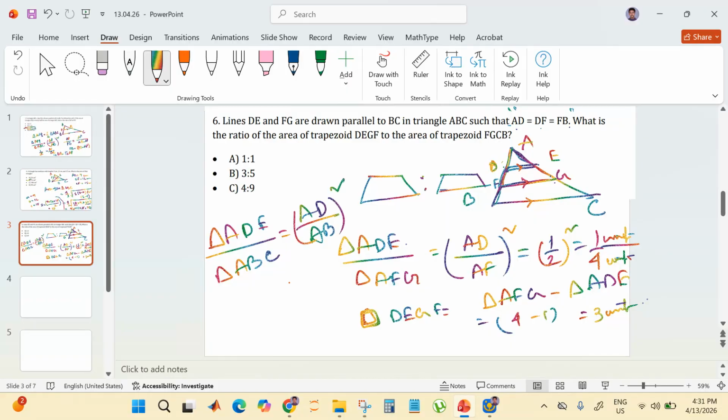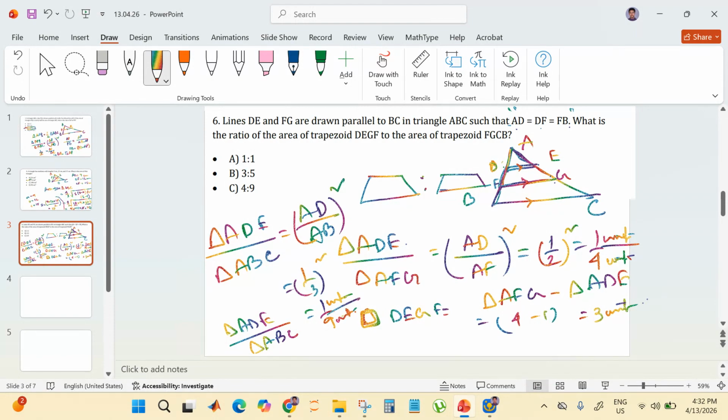We again know that AD equals DF equals FB, that means all three parts are equal. That means AD by AB will be 1 by 3 squared, that is 1 by 9. So from this concept we can find that ADE and ABC have a ratio of 1 unit to 9 units.